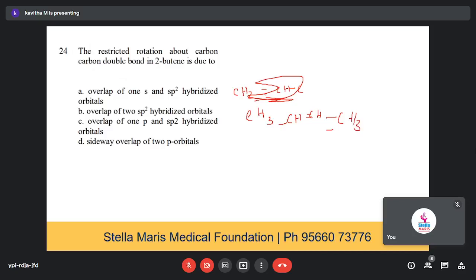Here the restricted rotation is happening because of the C=C double bond between the second and third carbon. The options are: overlap of 1s and sp hybrid orbitals, overlap of two sp2 hybrid orbitals, overlap of 1s and sp2 hybridized orbitals, and sideways overlap of 2p orbitals. Which will be the answer?